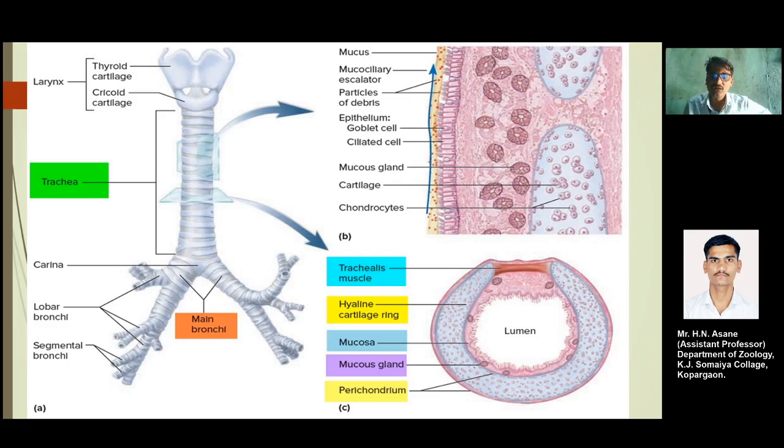Though it is not complete, it provides support for the esophagus, which is just beneath these tracheal muscles. The trachealis muscles provide elasticity, and the elastic materials are present in these muscles.